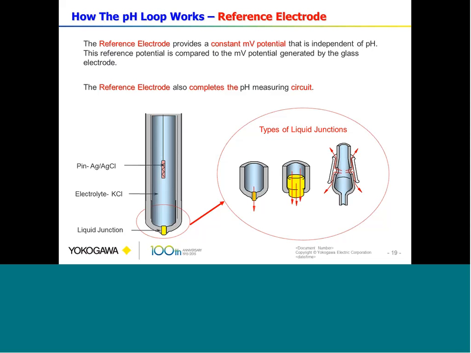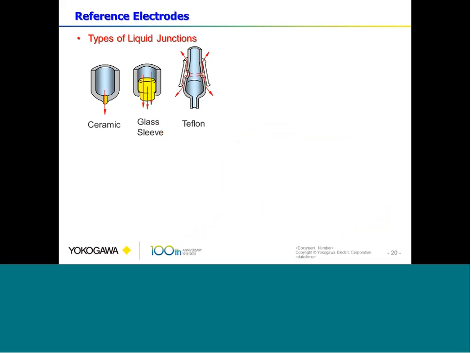The liquid electrolyte or flowing reference does solve some problems. The liquid KCl is usually under pressure so that it diffuses out through the junction and does not allow the process to get back in. So there's several types of junction depending on the application that we're addressing. There's ceramic, there's a porous Teflon, glass sleeve.